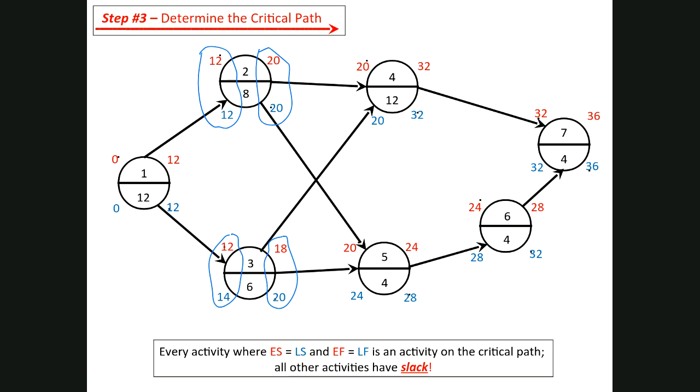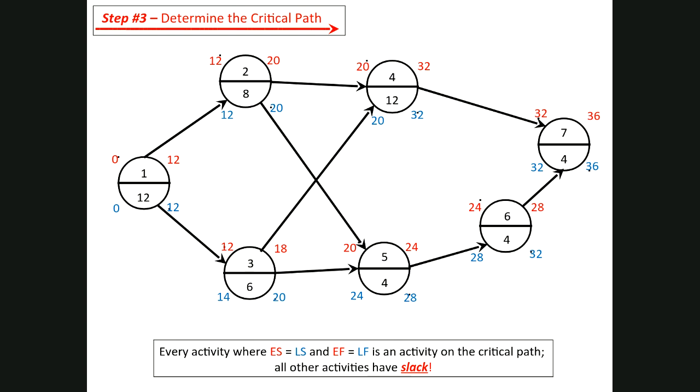So the thing that you need to ask yourself, what does this mean? Why are these two different? And what happens is, in this case, hopefully the logic will make sense. This task number 2, the earliest it can start is 12, but the latest it can start without delaying the project is 12. So if there's any delay, the project is going to be delayed.